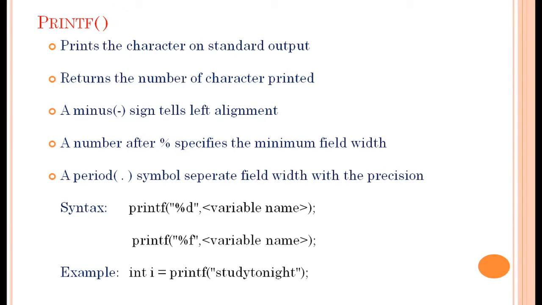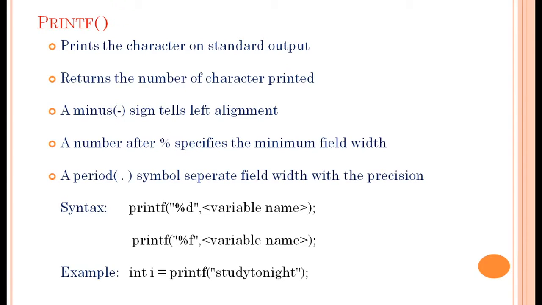A period or dot symbol separates field width from the precision. Precision tells the maximum number of digits in an integer, characters in a string, and number of digits after the decimal point in a floating value.